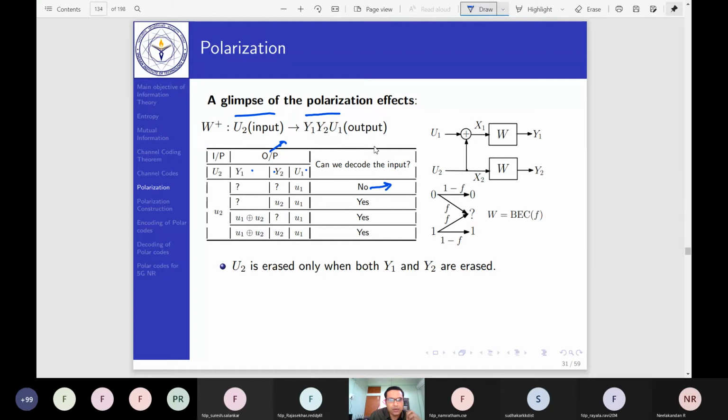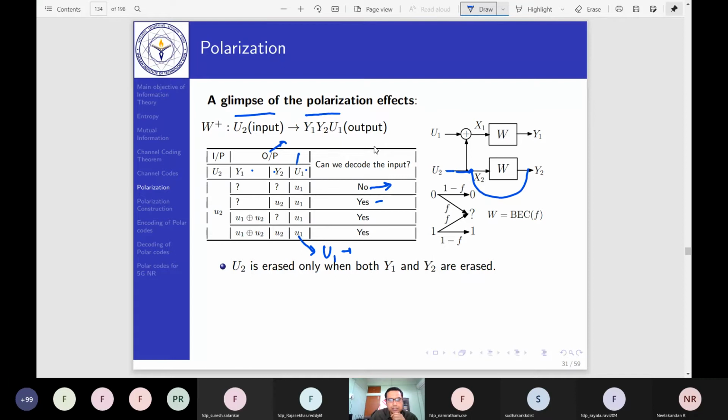The second case is Y1 is erased, Y2 is not erased. As I said, if Y2 is not erased, it is exactly equal to X2, and X2 is nothing but exactly equal to U2. That means we know U2. If we know U2, then of course we can decode the input. Here we are assuming that U1 is perfectly available to us.